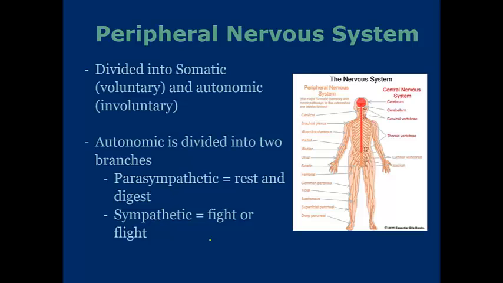If you've ever been into an athletic event or under extreme duress, you've probably experienced what a sympathetic response looks like. This is going to trigger a certain response, and the two are antagonists to each other. So when one fires, the other one is going to slow itself down. This is how our body deals with situations that we are put under.